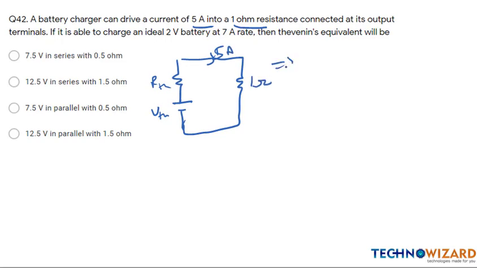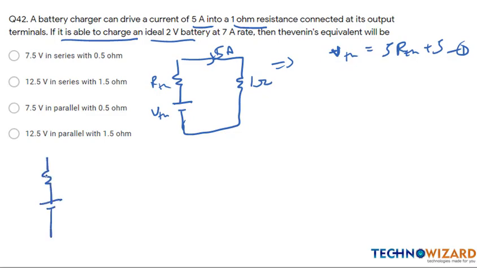Now the equation for this will be VTH is equal to 5 RTH plus 5. This will be our first equation. Now for the second case, if it is able to charge an ideal 2 volt battery at 7 ampere rate, now the circuit will be VTH, RTH.